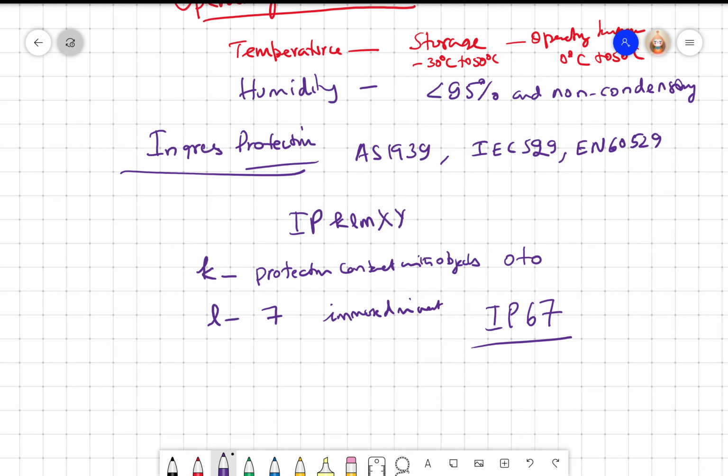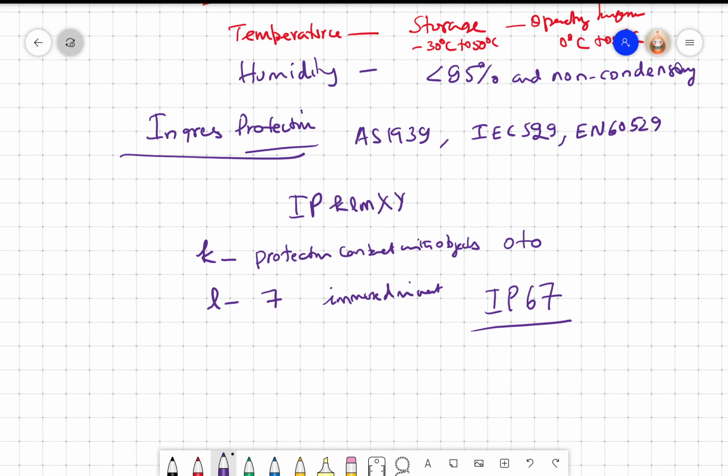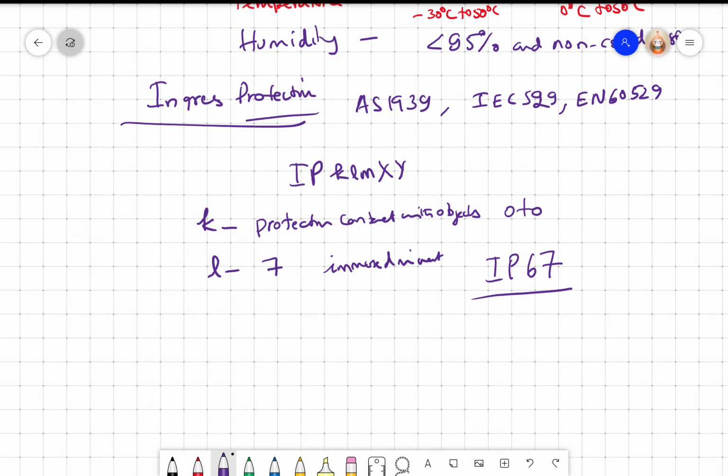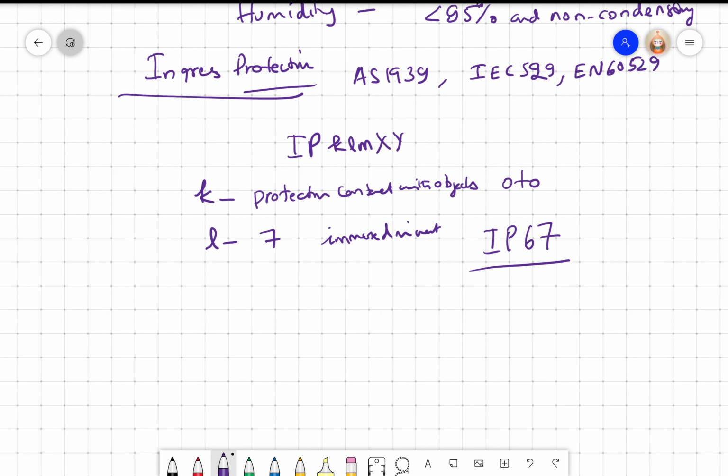It has been separated out, and today we have something called the IK code, right? That tells us what is the ability of a transducer to withstand vibration or shock, right? So we call this the IK code.